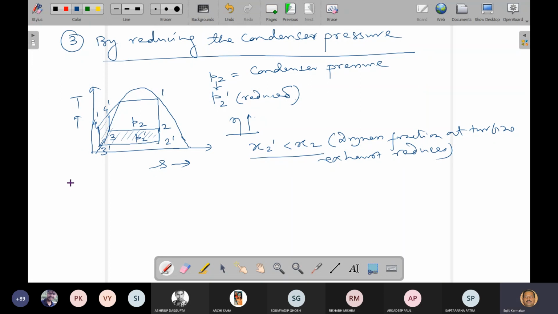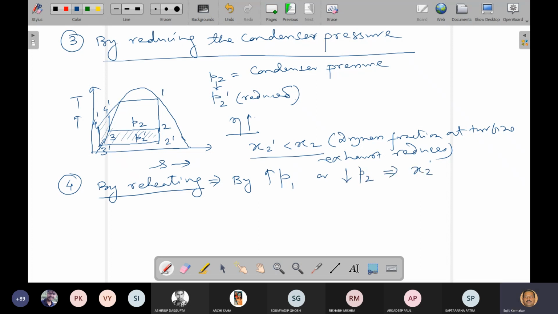Okay, so this is the case you can find. And number 4, by reheating. Now what you can find by increasing P1 or by reducing P2, in both the cases you can find that x2 dash is less than x2, correct?